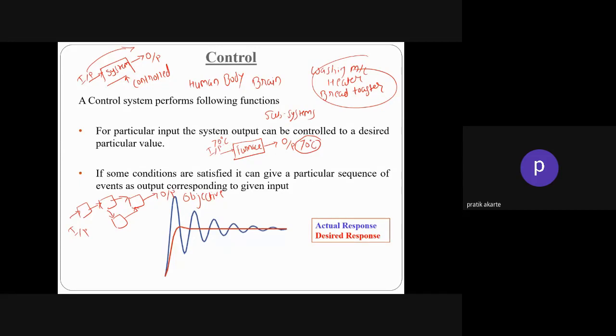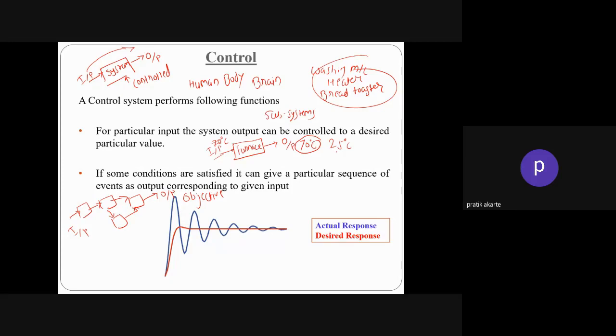If I want the output to be maintained at 70 degrees Celsius, that can be maintained with the help of the controller. Like in an automobile, if I want to control the inside cabin temperature to 25 degrees Celsius, I must get that output irrespective of the outside environmental condition.